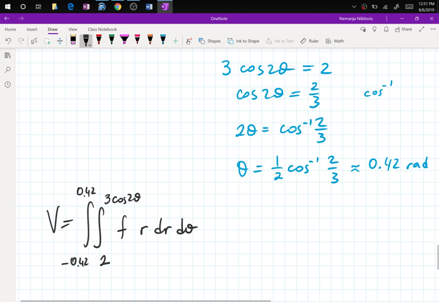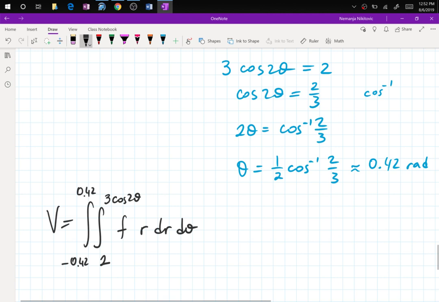So when you are dealing with the domains that are crosses between two different functions, you have to use the general case, and this is equivalent to your 16.2 for rectangular coordinates. Because if you remember, yesterday we had two different types of function. We have g of x and h of x. We intersected a parabola and, let's say, a linear line. So polar coordinates work exactly the same way.